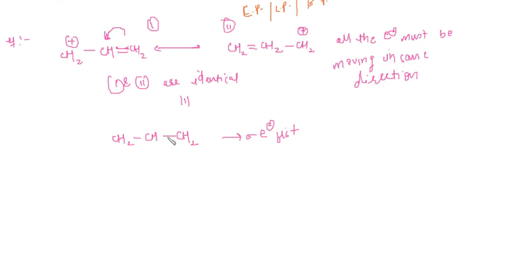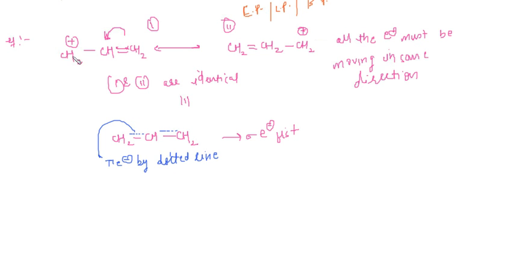First we draw all the sigma electrons, which were stable. Then we draw the pi electrons by dotted lines.